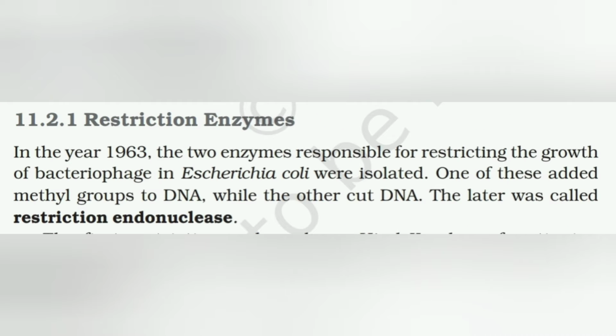Restriction enzymes. In the year 1963, the two enzymes responsible for restricting the growth of bacteriophage in E. coli were isolated. One of these added methyl group to DNA, while the other cut DNA. The latter was restriction endonuclease.